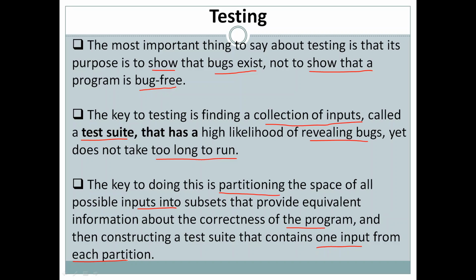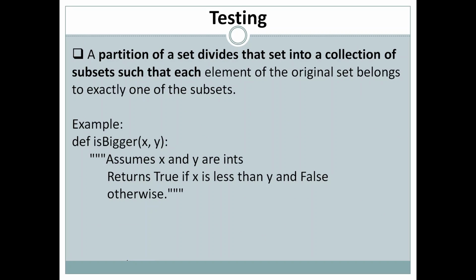For example, we can consider here that a partition of a set divides that set into a collection of subsets such that each element of the original set belongs to exactly one of the subsets. Now let us consider this example here.